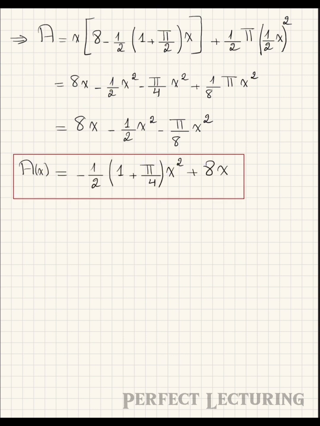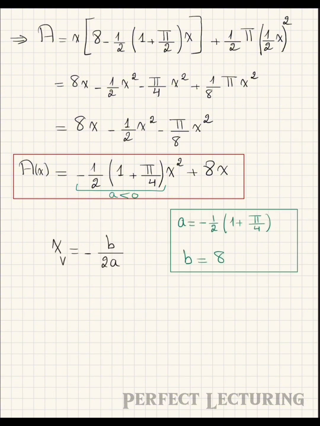As you notice, we've got a quadratic function. Moreover, a is negative, which means that the vertex of this parabola is a maximum, and this exactly matches with our exercise. So in order to find the value of x which maximizes the area, all we have to do is to find the x of the vertex, which is equal to negative b over 2a.